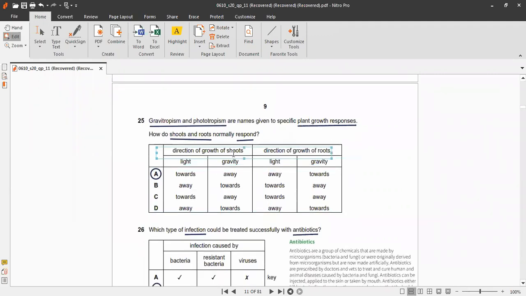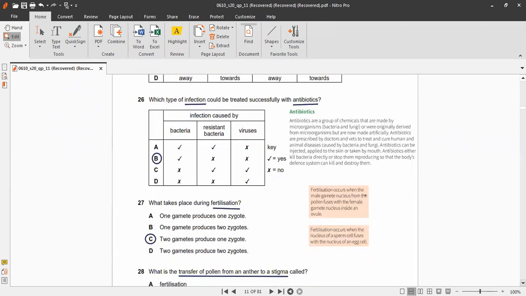The direction of growth of shoots for light is towards the light, positive. But for gravity, negative, away. The direction of growth of roots for light is away, and for gravity towards, positive for gravity.